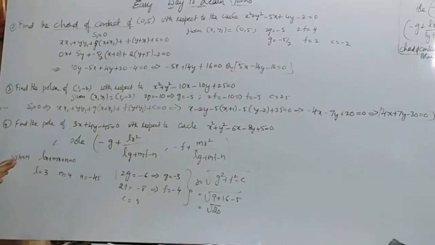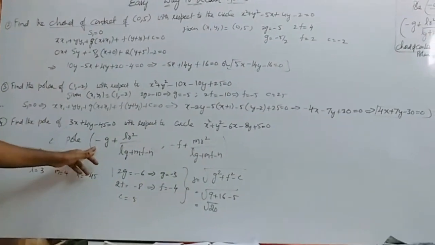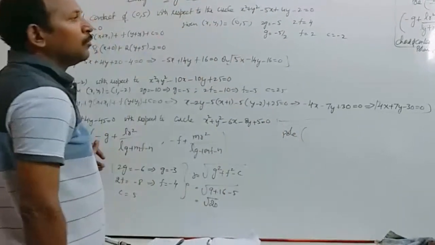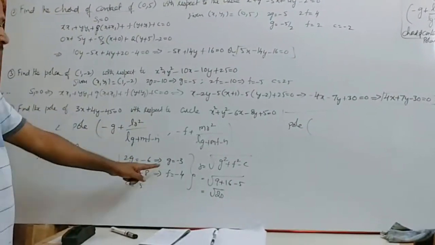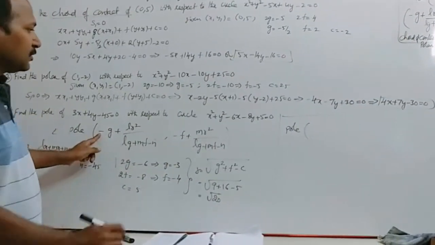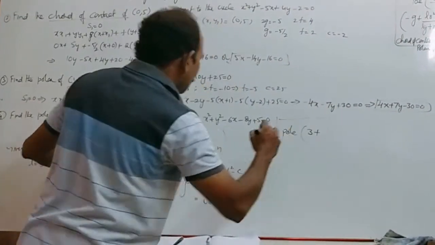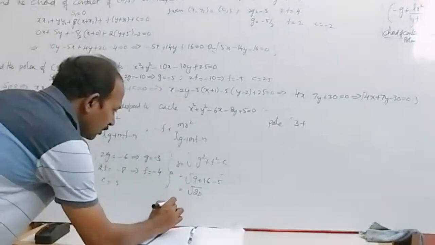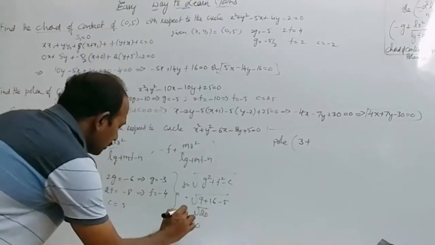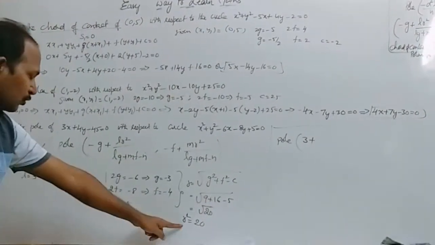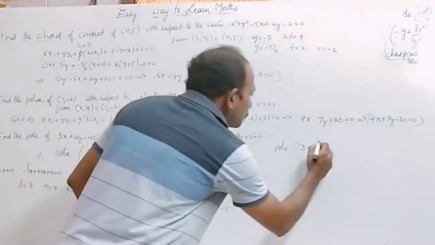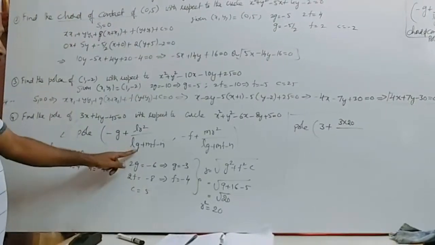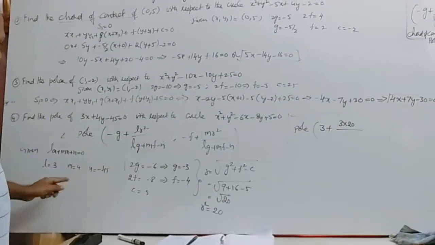Now, let us substitute all these values in this formula. Therefore, pole. What is pole? Minus g. Here g is given as minus 3. Therefore, minus g means 3 plus L r square. L is 3, r is equal to root 20. Therefore, r square is equal to simply 20. Therefore, L r square, 3 into 20, by Lg plus mf minus n.